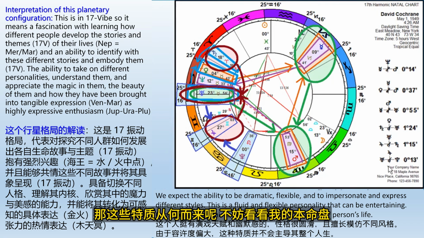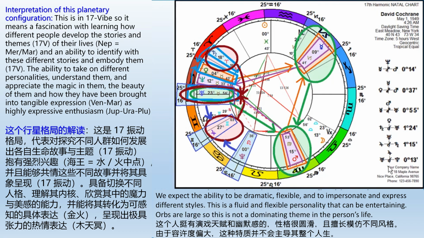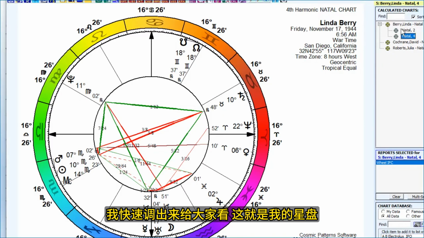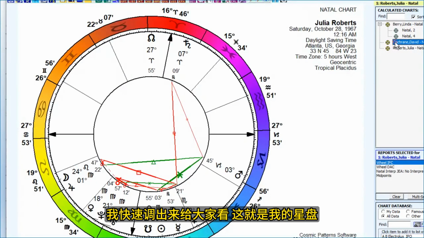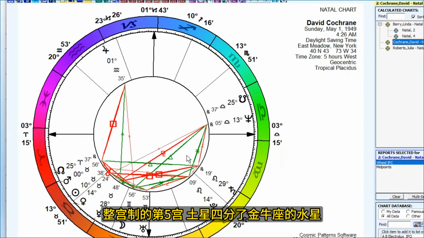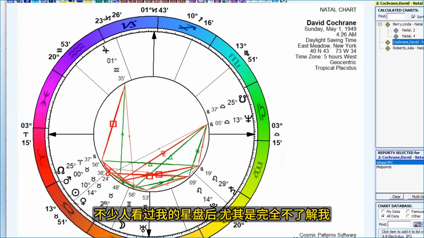Where does it come from? If you look at my birth chart, let me bring it up real quickly. There's my birth chart. Saturn in Leo is in the 6th house in this house system, and in the 5th house in whole sign houses. Saturn square Mercury, and Mercury's in the sign of Taurus.